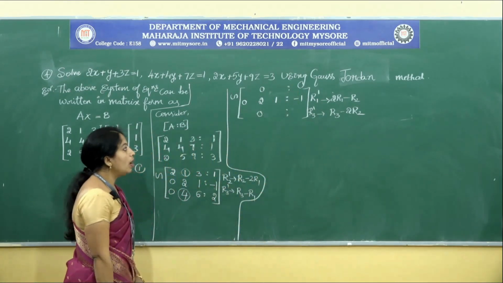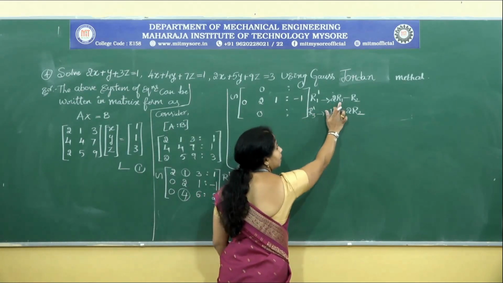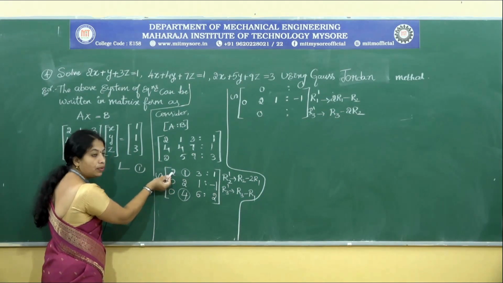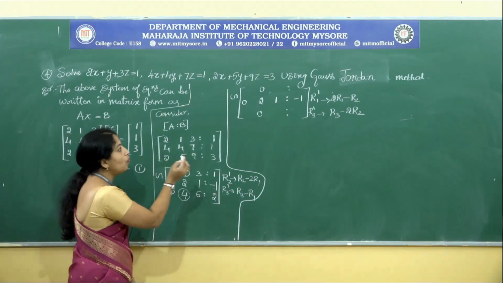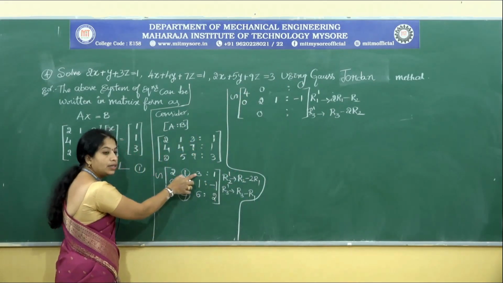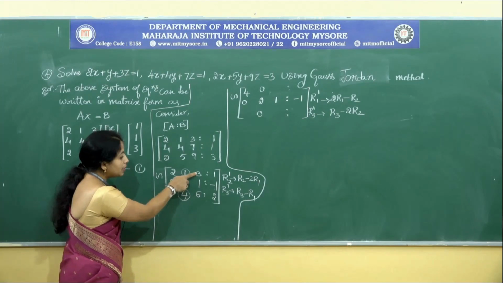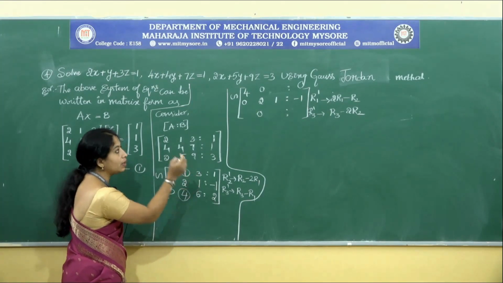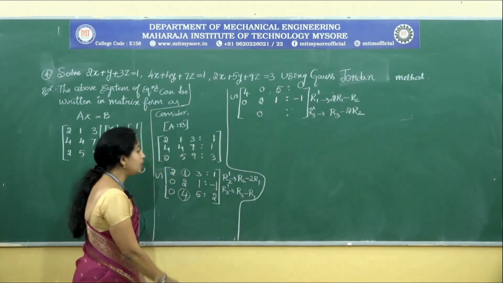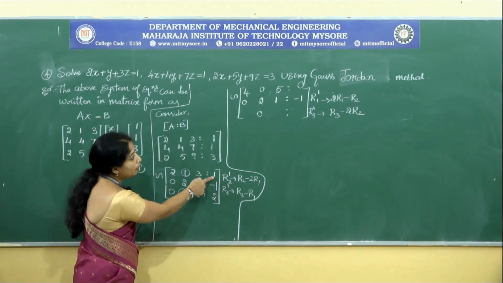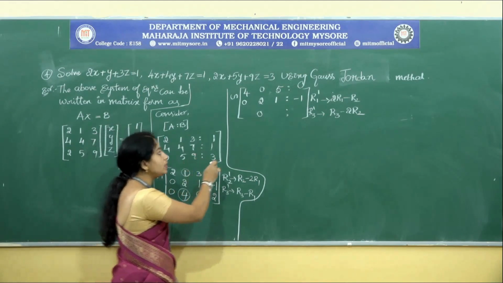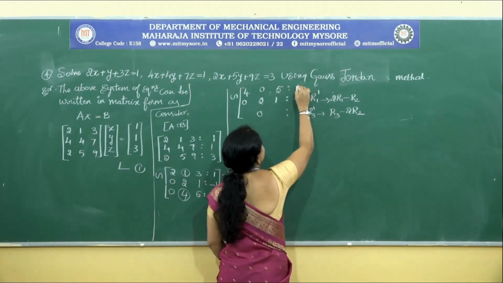See the row operation, R1 dash is 2 times R1 minus R2, that is 2 times R1 means 2 into 4 minus 0, 4 minus 0 is, you will get 4. 2 times R1, that is 2 times 3 means you will get 6, 6 minus R2, that is 6 minus 1, 6 minus 1 is equal to 5. 2 times R1, that is 2 into 1 minus R2, that is minus of minus 1 is plus 1, 2 plus 1 is equal to 3.